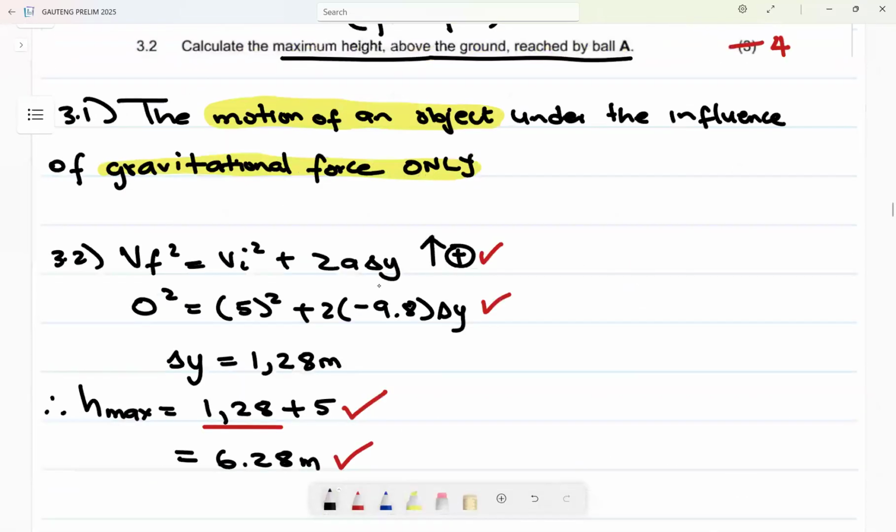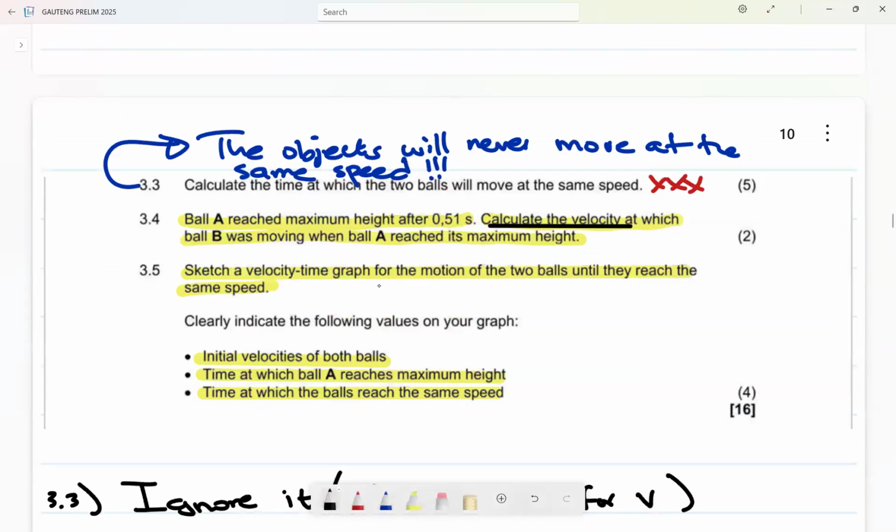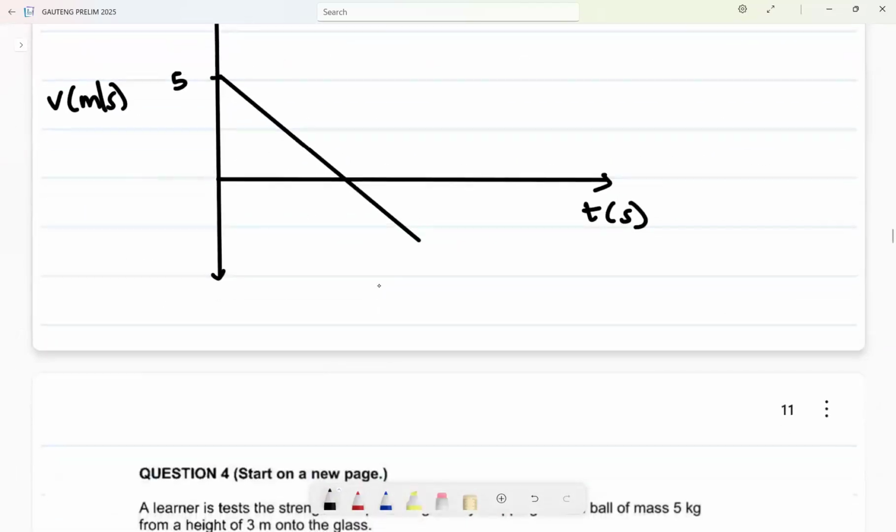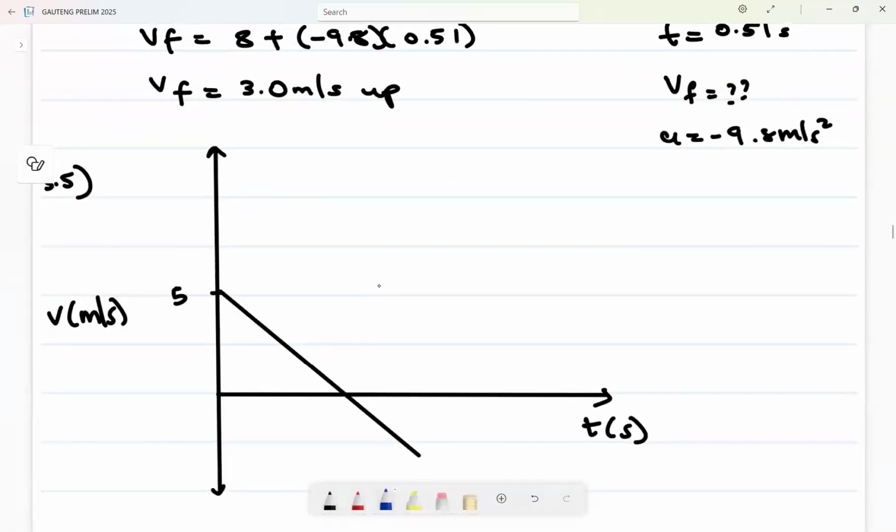They say to us that ball A reaches the maximum height after 0.51 seconds. This question, I feel like they wanted to make it difficult, but they ended up making errors. Ball B started at the velocity of 8. Can you still remember that when ball A reaches the maximum height, the speed of ball B was 3?